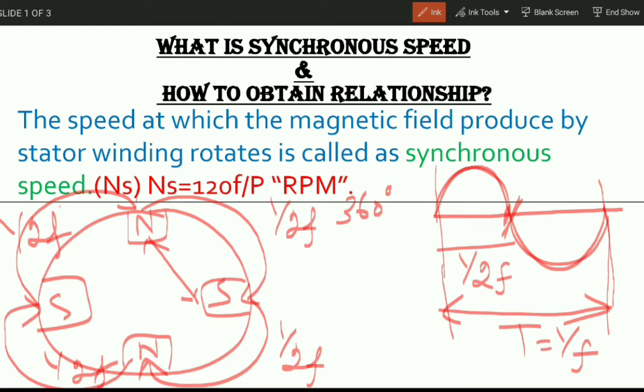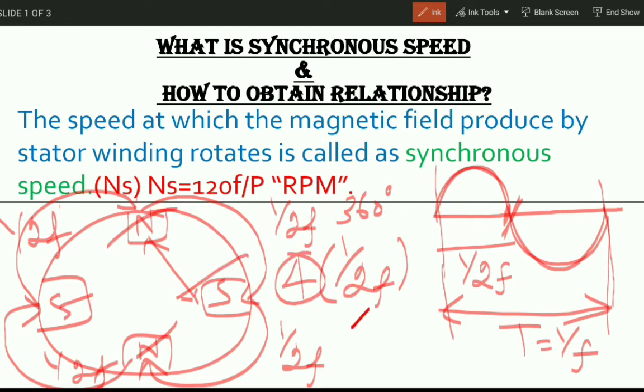So the total time taken for one revolution is 4 times 1 by 2f. And what is 4? The number of poles. So again it is P by 2f. You take any number of poles, the time taken for the magnetic field to complete 360 degrees, that is one revolution, is P by 2f.